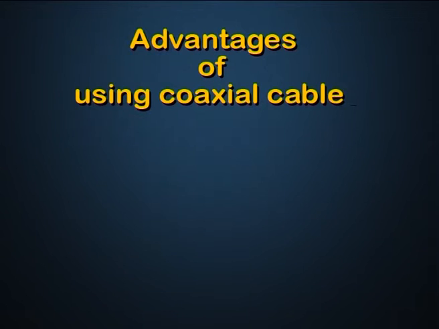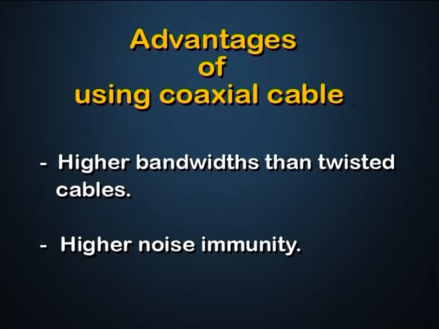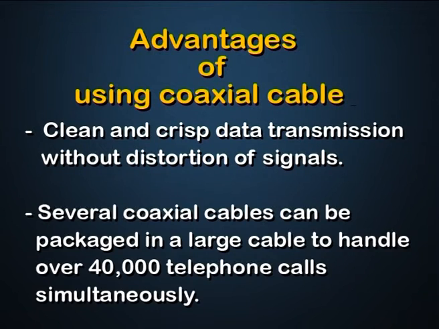Advantages of using coaxial cable include higher bandwidths than twisted cables, higher noise immunity, and clean and crisp data transmission without distortion of signals. Lastly, several coaxial cables can be packaged in a large cable to handle over 40,000 telephone calls simultaneously.